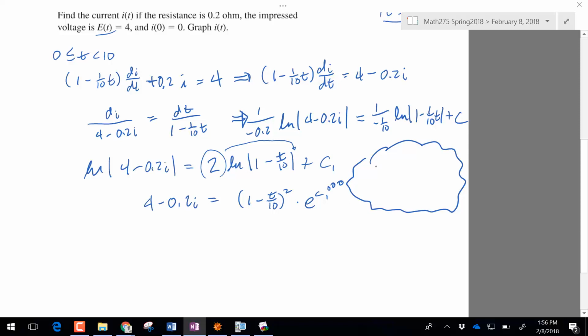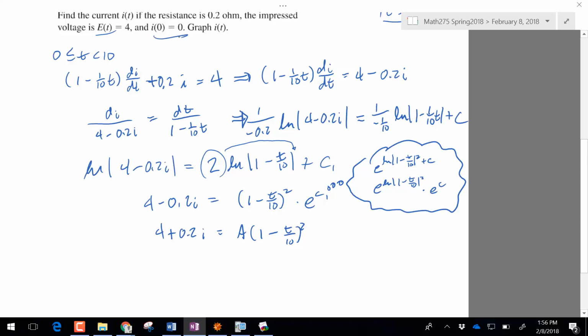We're taking the e of both sides, so e of the ln of 1 minus t over 10 squared plus c is e to the ln of 1 minus t over 10 squared times e to the c, and that's why this is a times e to the c, which we can call a.